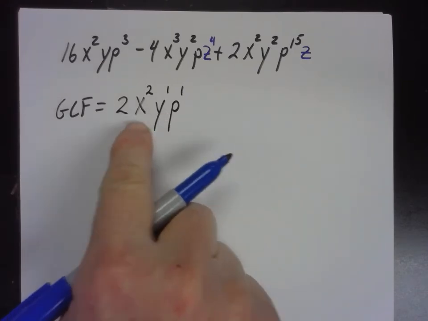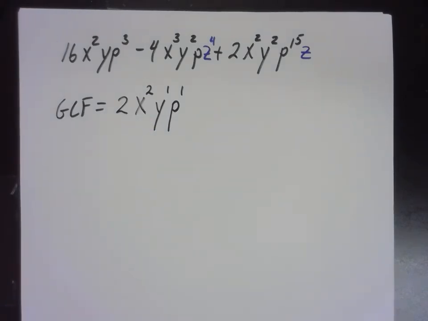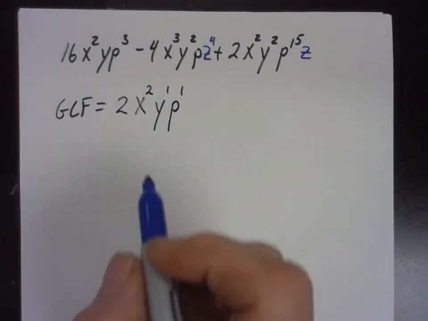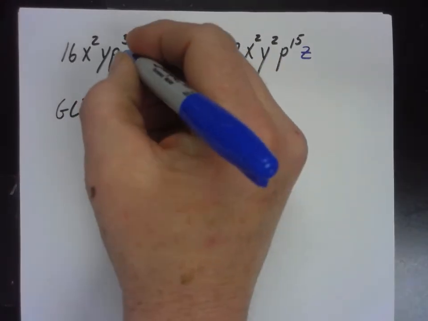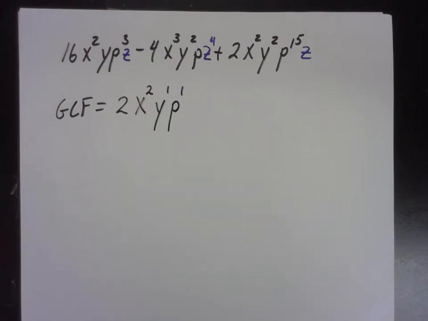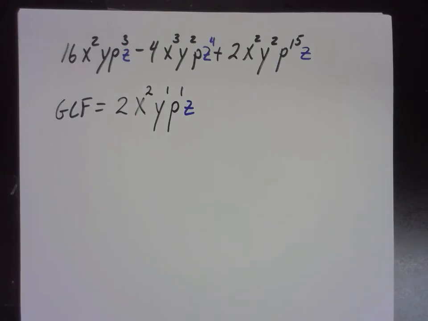So it would not be part of our answer down here. So this would still be the answer. Now, if you had a z in this one also, now is it common? Yes. What's the lowest exponent? Z to the first. It would be in. Okay? But it's got to be in every term. It has to be common in order to be part of the greatest common factor.